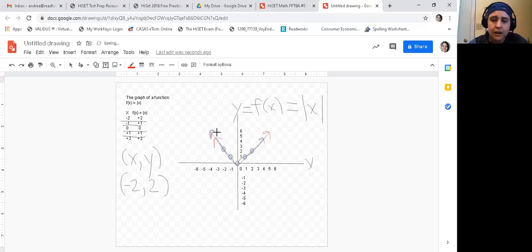Okay, so here I've plotted the graph g of x, and it's right on top of the graph of f of x. So the question is, for which values of x, these are your values of x, will the graph f of x intersect or be on top of, be the same as the graph for g of x?